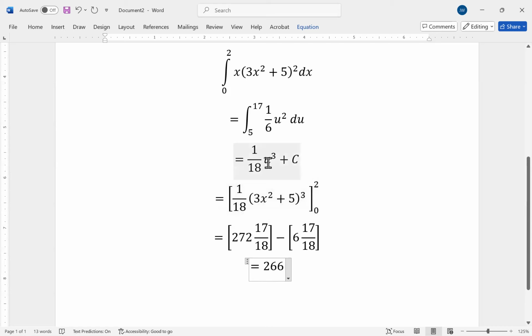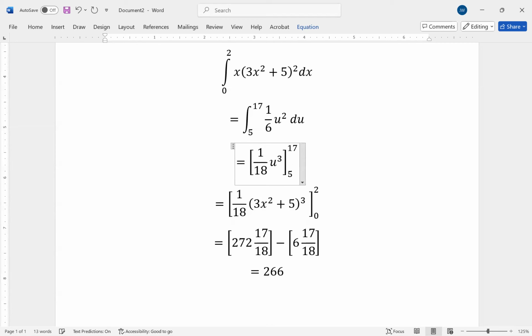Or if you were to plug in for u, you could have actually plugged in these bounds. You could have plugged in 17 for u and then 5 for u. Let me write that down here. The plus c won't matter. I could have done that. And either way, if I plug in 17, I get this. Plug in 5, I get this. Subtract them, you get 266.